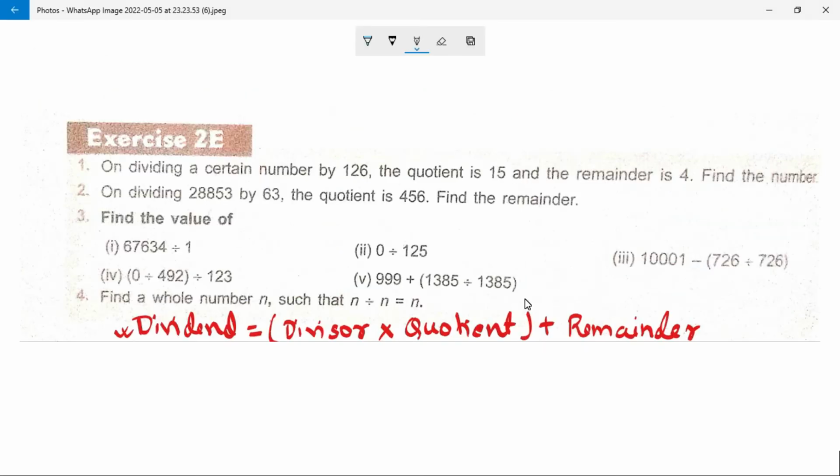The next question is, on dividing 28,853 by 63, the quotient is 456. You have to find the remainder. So let us put the numbers in the formula.